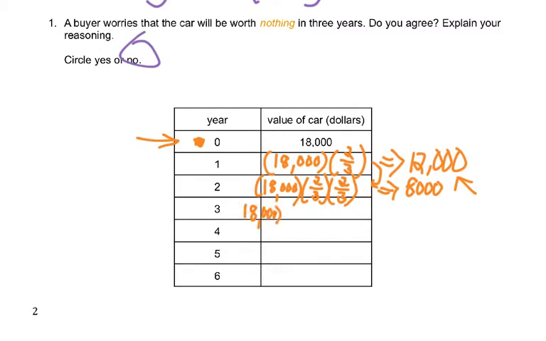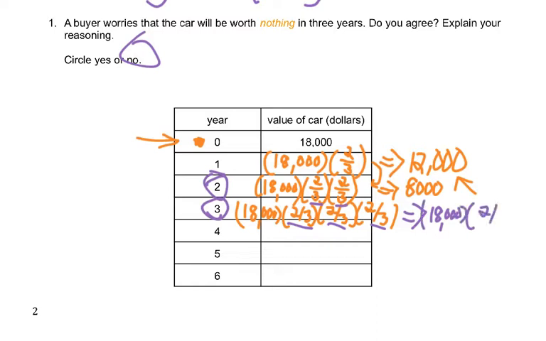What am I going to write next? 18,000 times 2/3 times 2/3 times 2/3 after year 3. Because again, every year, are you noticing the number of times that I'm multiplying? 2/3 is the year for 2, for 1. Do you know that I could actually write this using an exponent: 18,000 times 2/3 raised to the power of 3?